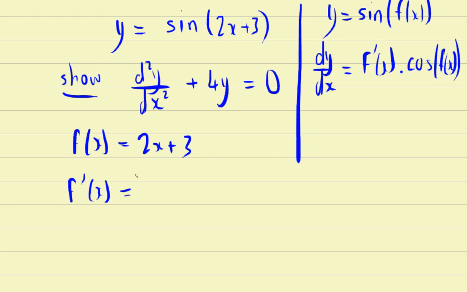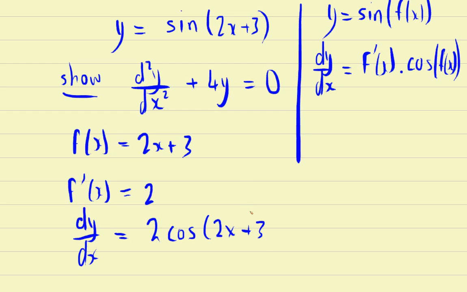Using the power rule, the derivative of f of x is equal to 2, and you end up with the first derivative of y equal to, bringing this out the front, 2 cos f of x. Okay, so you've got the first derivative.